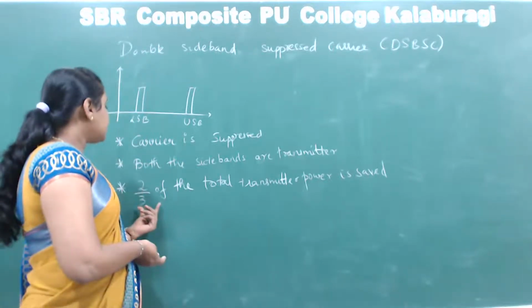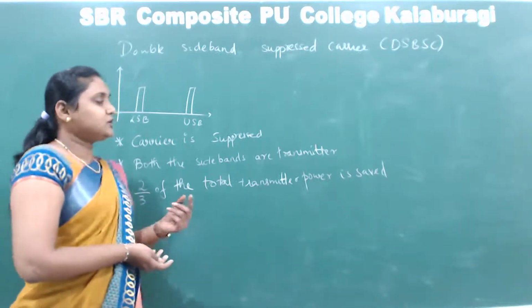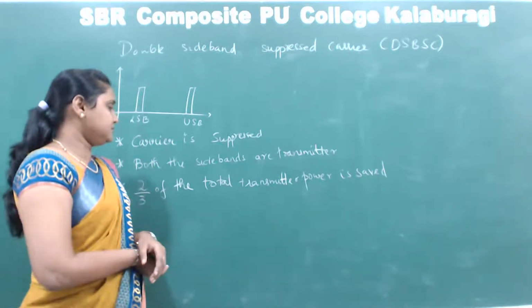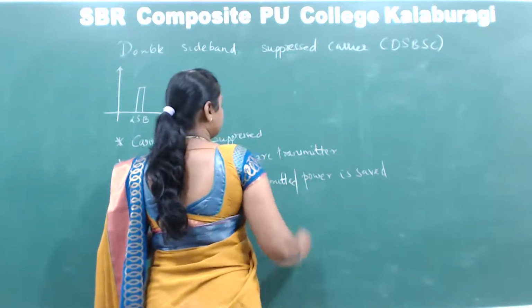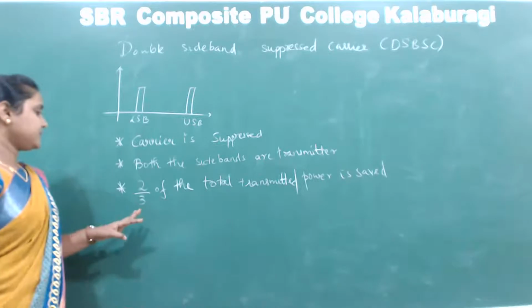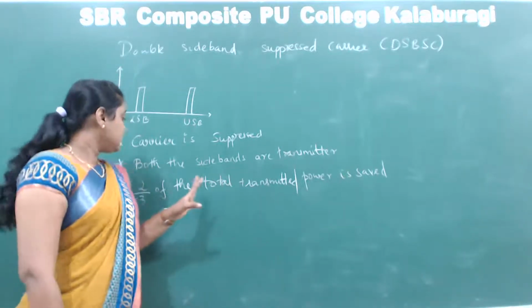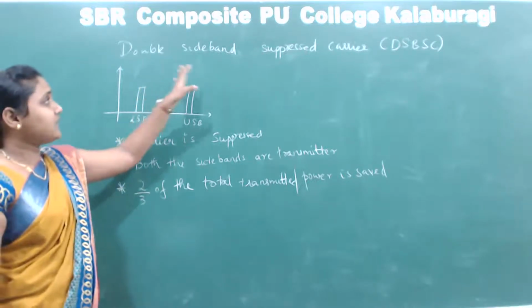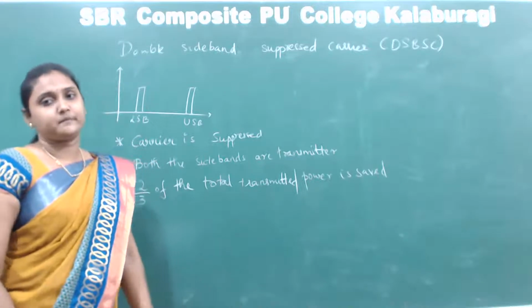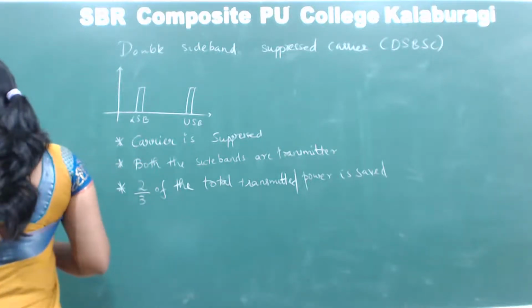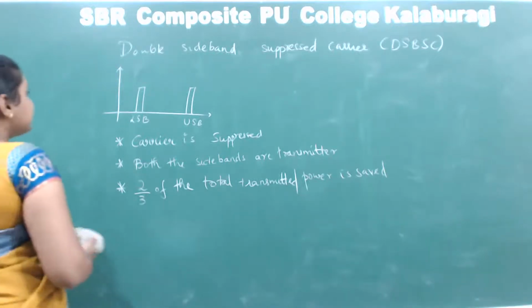So this system saves 2/3 of the total transmitted power, that is double sideband suppressed carrier, DSB-SC.